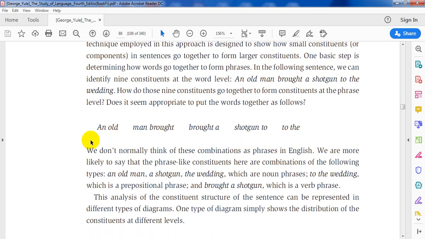So we have this sentence here: An old man brought a shotgun to the wedding. Okay, so these are 9 constituents, how they are connected and how they went together at the phrase level.